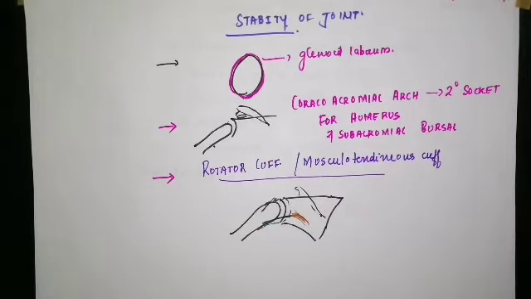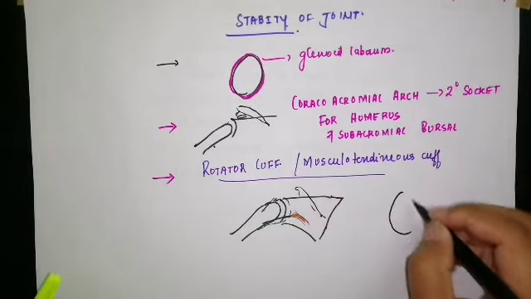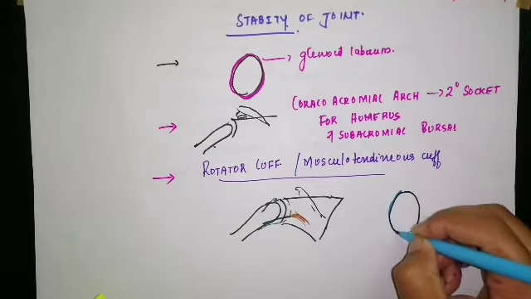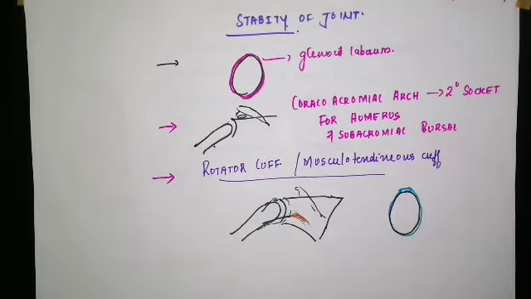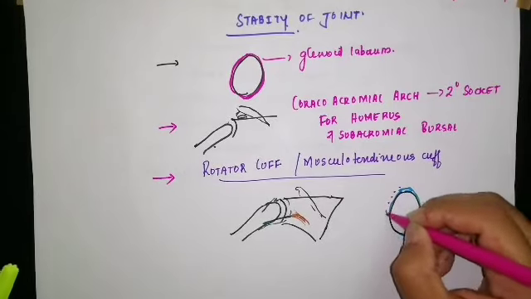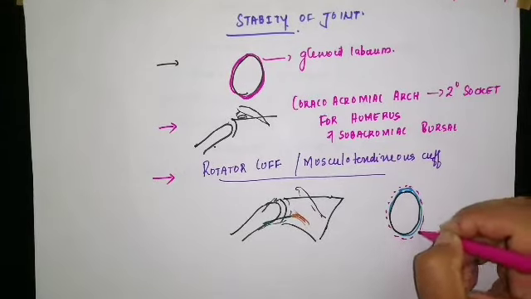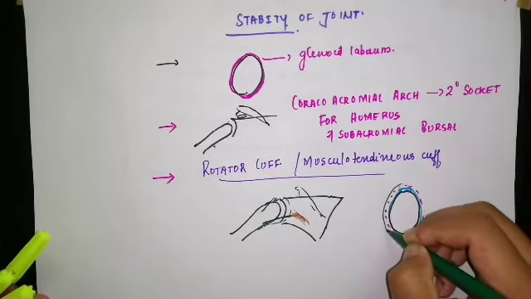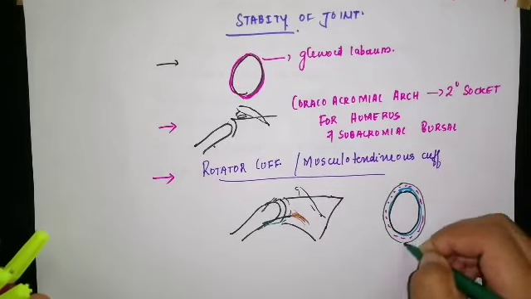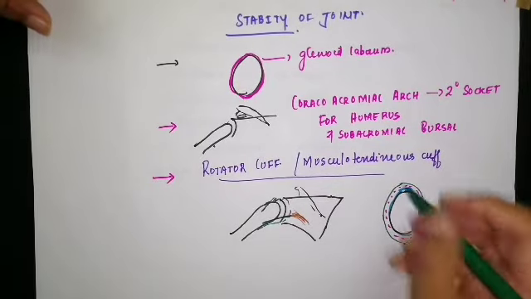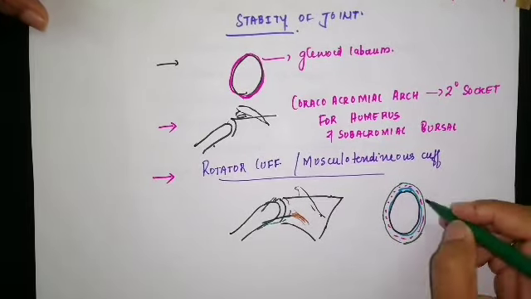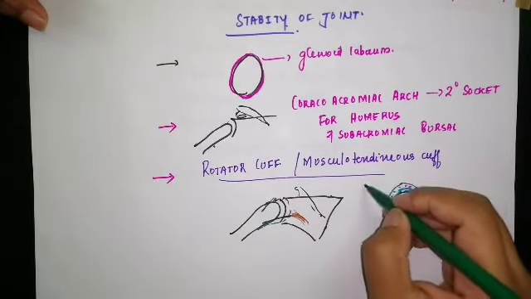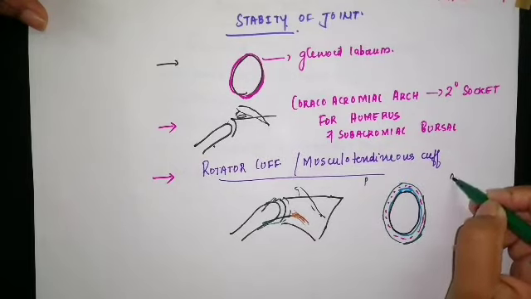If we draw the glenoid cavity like this, this is the glenoid labrum, this is the synovium, and outermost is the capsule. This is the posterior aspect, this is the anterior aspect.